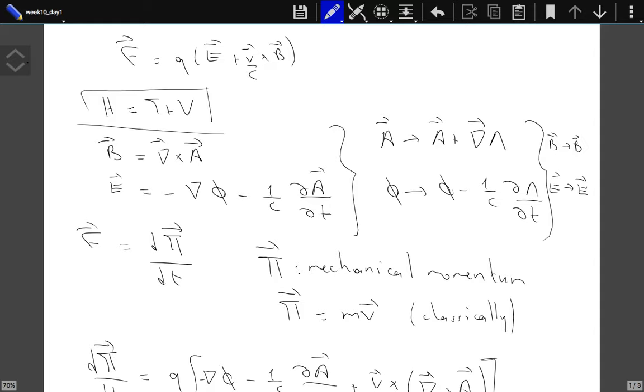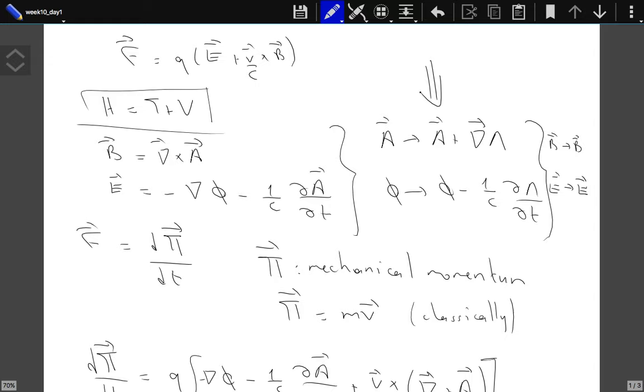Similarly, in quantum mechanics, they should also correspond to the same system. Different vector and scalar potentials that correspond to the same electric and magnetic field, we say that they are related by a gauge transformation. It's always possible to find the lambda such that these different vector and scalar potentials will be related through this relation. So there is kind of an ambiguity.